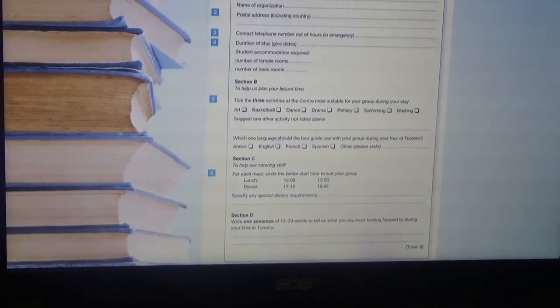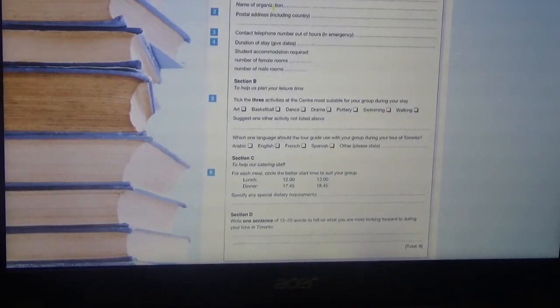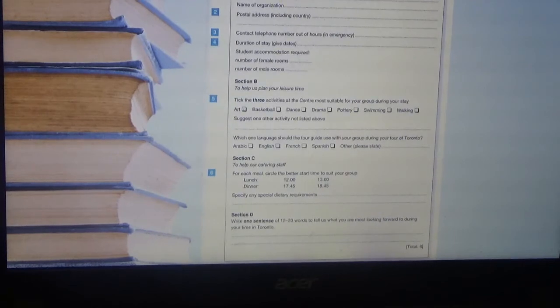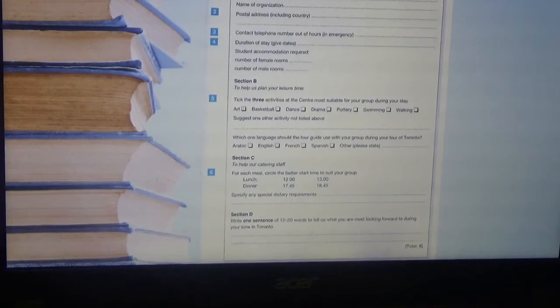Now, only the things that are required in the form, because what will be checked is the form. The important things that we need to get, take note of those highlighted items or those in parentheses, because they will guide you to the correct answers.